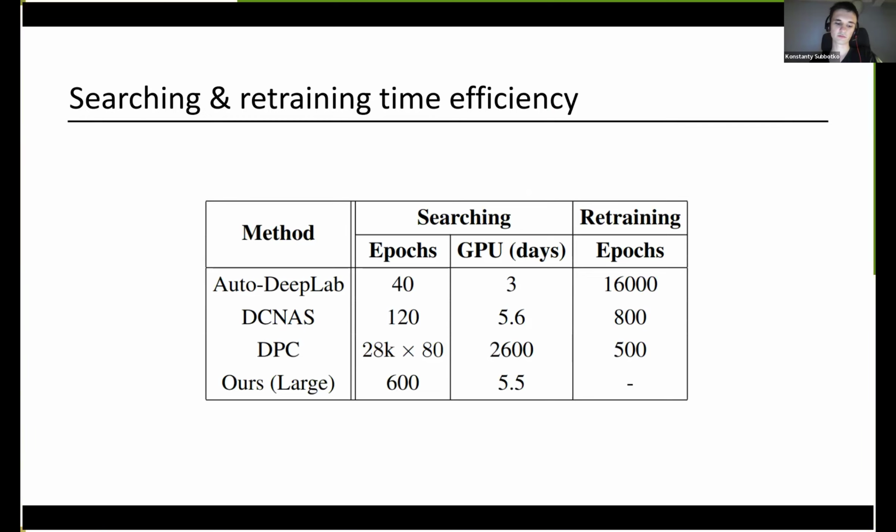Because of this low correlation, in the vanilla DNAS framework you would usually have to run this whole search and retraining pipeline a few times to find the absolutely best architecture. But in our case, we do not have this correlation issue because we do not discretize anything at all.